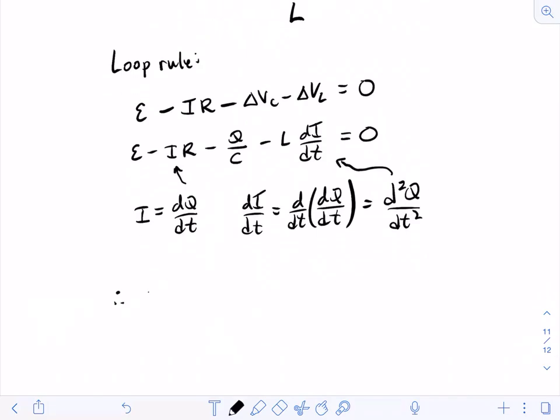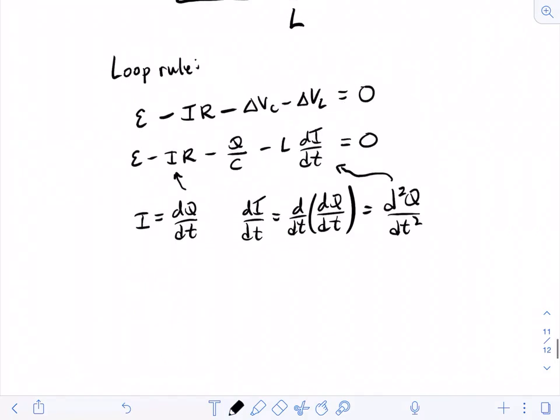I'm going to reorder some of these terms. Actually, let's do it this way. Let's get rid of all the minus signs by taking the IR, the Q over C, and the L di dt to the other side.